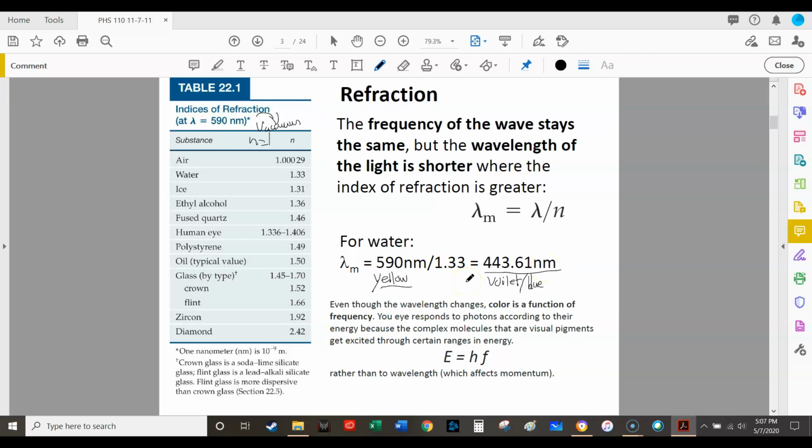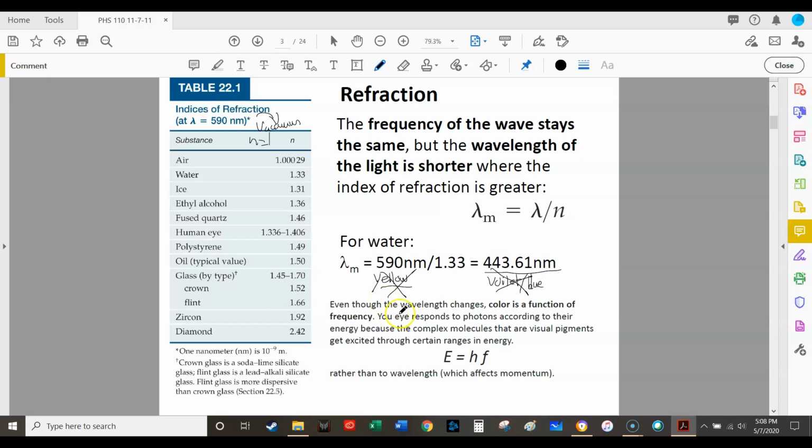So what that's saying is if you were holding an object that was yellow in the air, it should look violet or blue. Well, that's actually not what happens. A yellow object is not going to look blue when you're underwater, right? It's actually going to look yellow. So this is not true. Objects don't change color when they go from one medium to another.